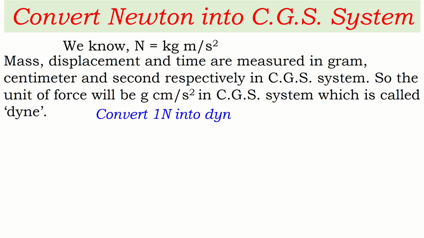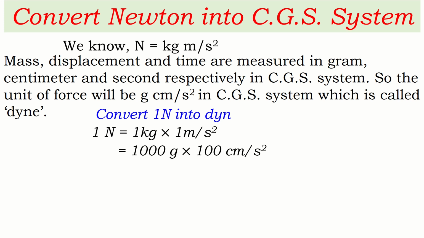Okay, why don't we do one conversion? Now, if you are told to convert 1 Newton into C.G.S system, how do you convert this? 1 Newton is equal to 1 kg into 1 meter per second square, we know.